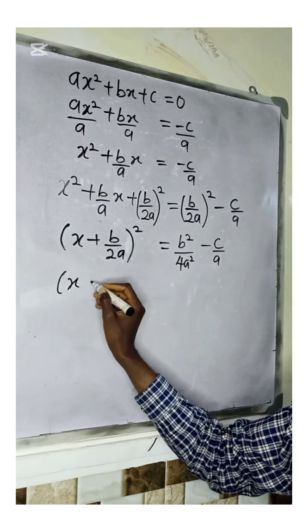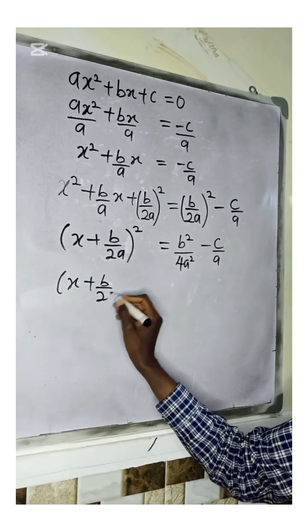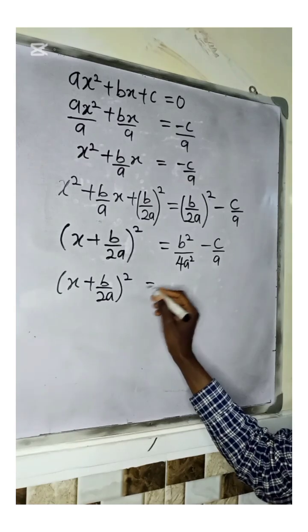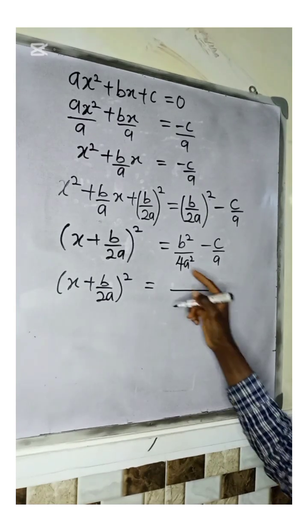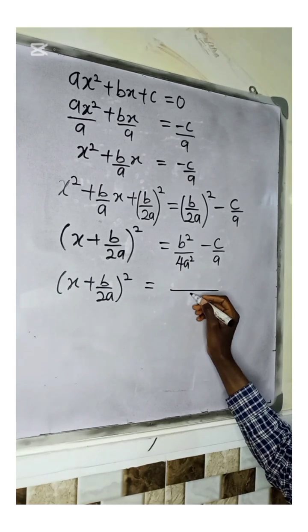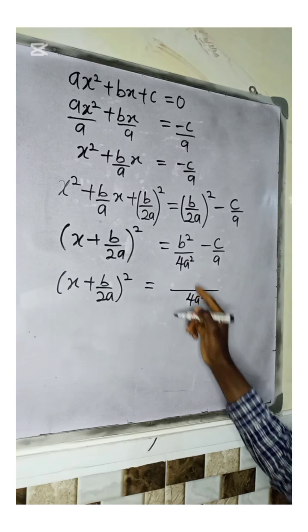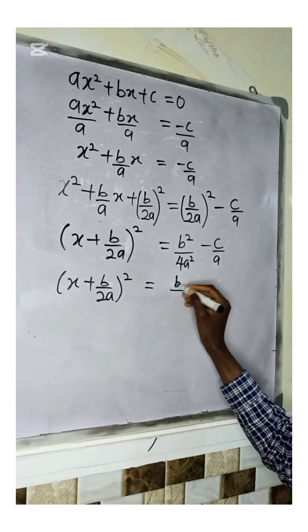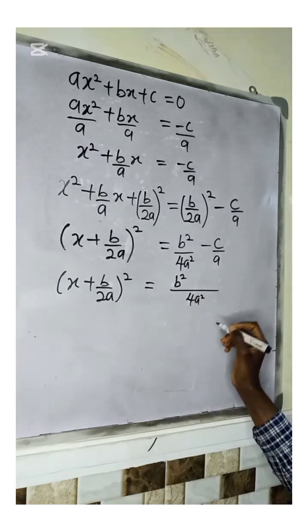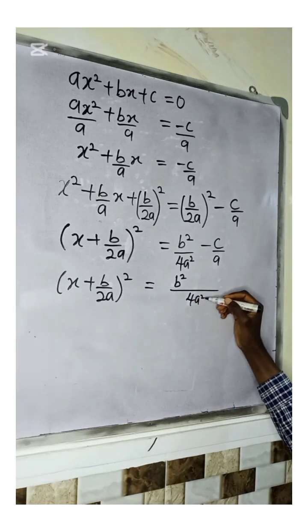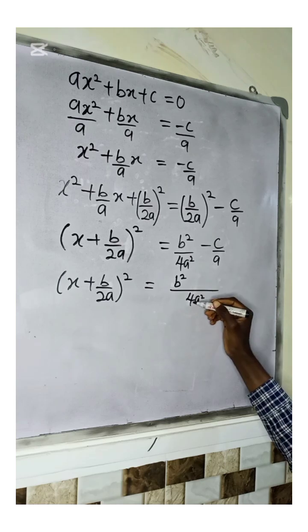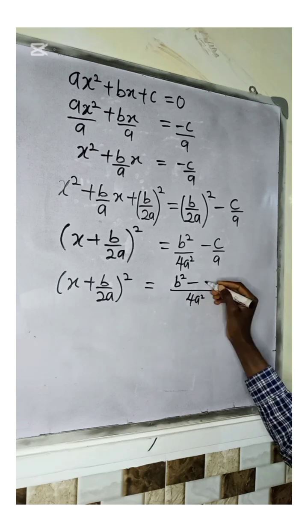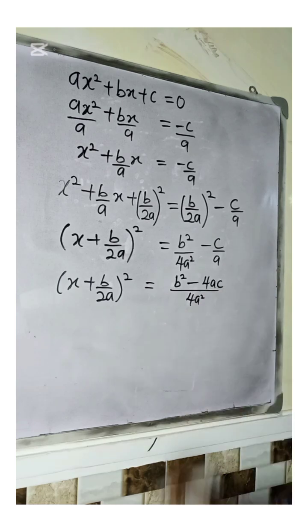So we have x plus b over 2a all squared equal to, the LCM of 4a squared and a is 4a squared. 4a squared divided by 4a squared is 1. 1 multiplied by b squared will give us b squared. Now, 4a squared divided by a will give us 4a. 4a multiplied by c, 4ac.